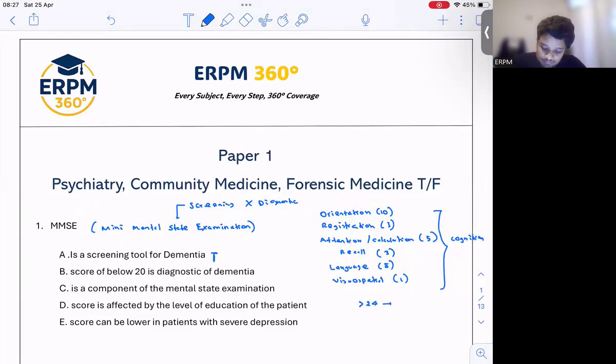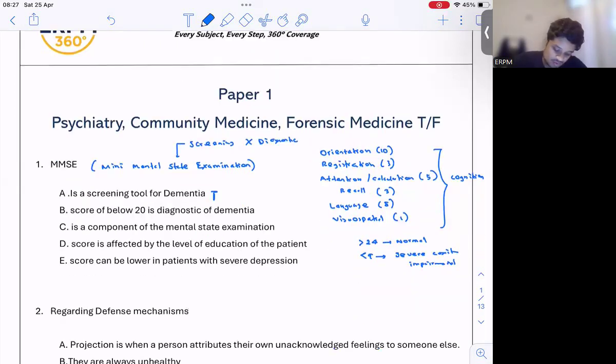And if the score is less than 9, it indicates severe cognitive impairment. That's how we generally interpret it. So remember, it's never diagnostic. So that is false.